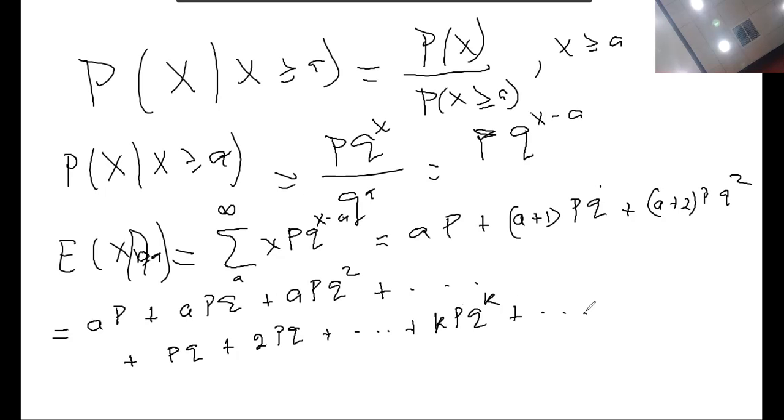Can we say this? Yes. Good. We just follow our steps. That is just the step that leads to this. So now you can observe here that this is a times the sum of P q to the k from 0 to infinity.